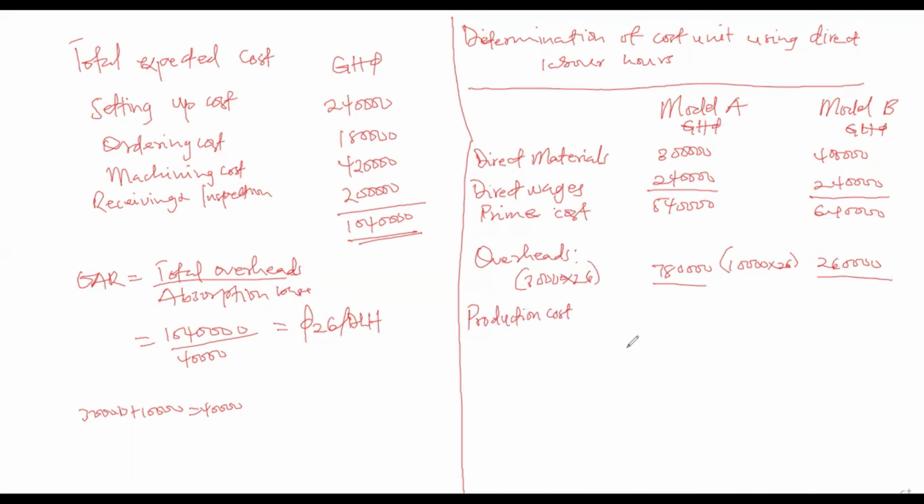So that is 132 for model A. And for model B, you have 900,000. So that is the production cost, total production. But the question is saying we should find the unit cost. That is the cost per unit. So cost per unit.